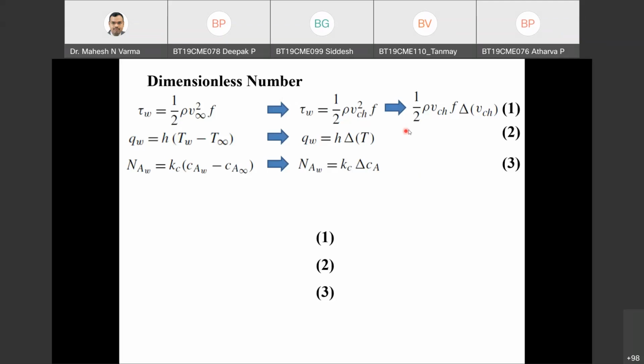Now these three equations show interface flux in momentum transfer, interface flux in heat transfer, and interface flux in mass transfer. These equations are similar. Thereafter, what can be the step? What can we do? This is exactly what we followed in molecular momentum flux also.